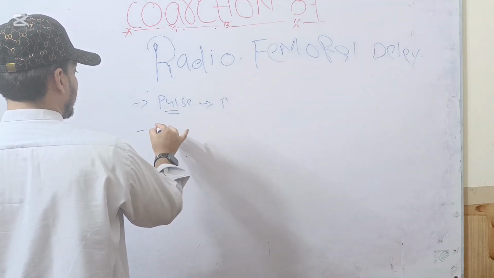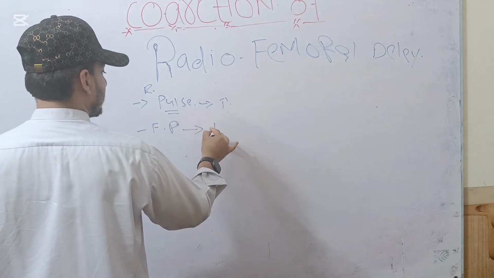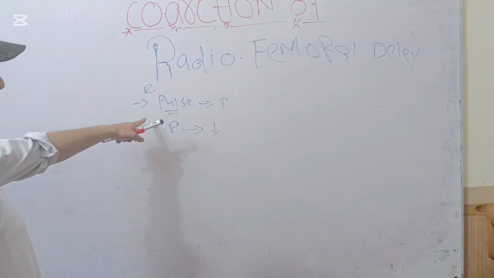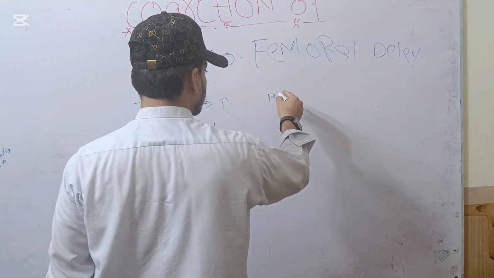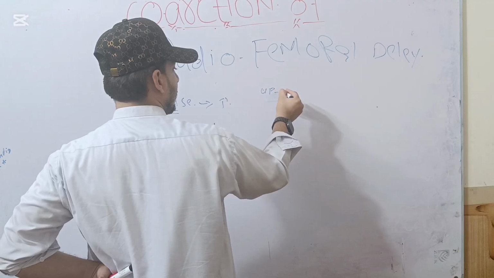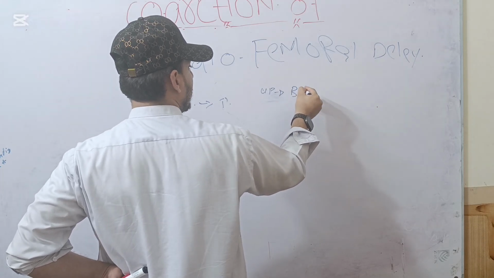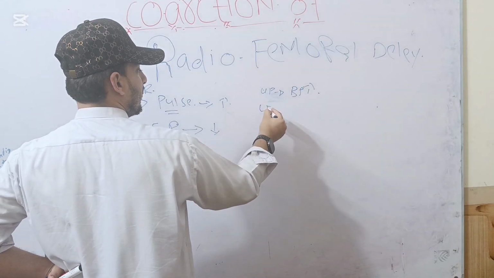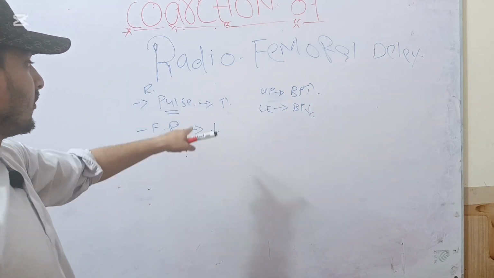If we measure the femoral pulse, it is decreased. That is point one. If we measure the BP, the upper extremity BP will be increased, and the lower extremity BP will be decreased. That is point two.